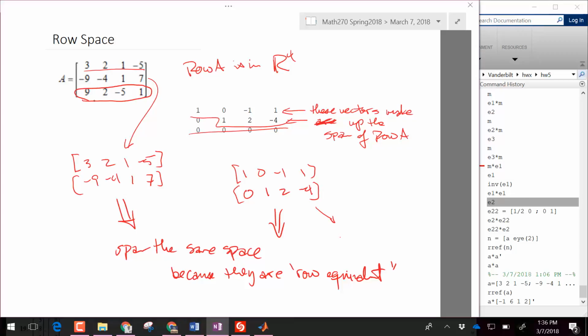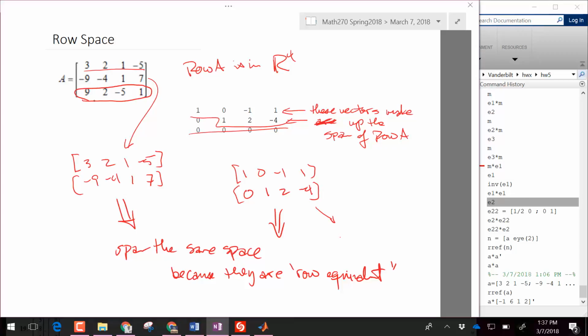So the row space is in R4. The column space is in R3, but the null space is also in R4. So the row space and the null space are both in R4, and one's two-dimensional, and the other one's two-dimensional. I wonder if these two planes intersect.